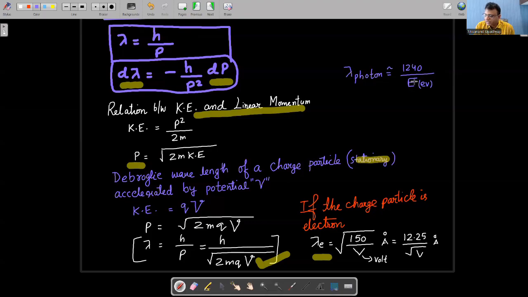So a similar type of formula is there. Here also wavelength and here also wavelength, but be careful, do not intermix this formula. This formula is valid for photon. Wavelength is approximately equal to 1240 divided by energy in electron volt. So don't confuse, this is for electron and that is for photon.